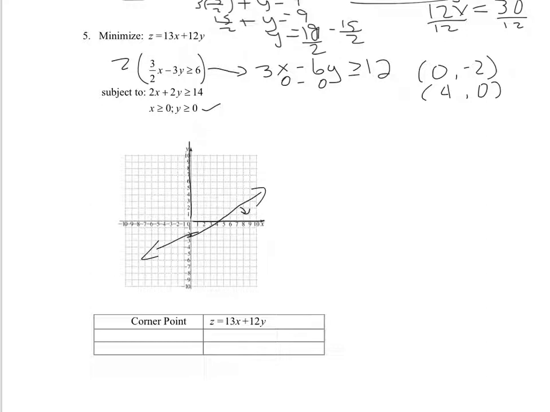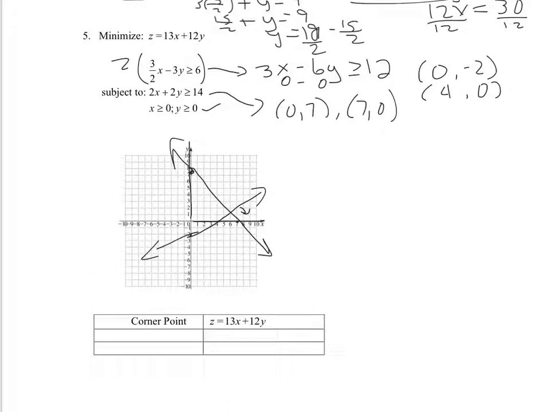Now, my second equation, if you remember, looking for intercepts, we came up with (0, 7) and (7, 0). So I'm going to put that on our graph. There's (0, 7) right there. (7, 0) occurs here. So we're going to draw that in.